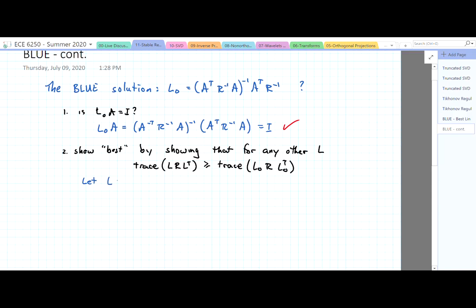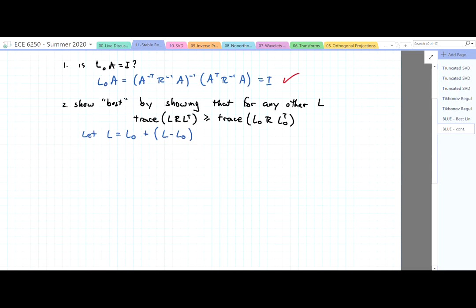Okay, so to do this, we will first define any other L as L naught plus, and this is tricky, watch this, L minus L naught. Beautiful. Okay, so now we have an ironclad definition for any L. And now we can evaluate this. The trace of L R L transpose is just equal to the trace of L naught R L naught transpose. Remember, traces add because traces are a linear operation, they're just a sum of the terms on the diagonal.